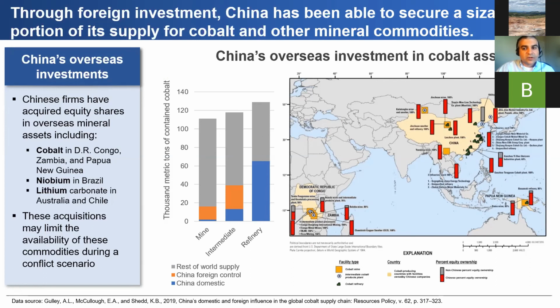This is obviously a strategic effort on their part to make sure that their manufacturing sector has the commodities that they need, given that they don't have sufficient supplies domestically to satisfy their needs. This may also, in a conflict scenario, potentially limit the supply that the US might have access to.